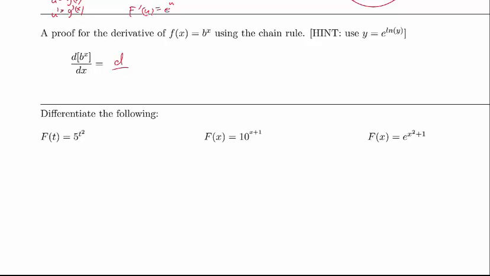So this is going to be the derivative with respect to x of e raised to the natural log of b raised to the x. Okay, so this is using our knowledge that a logarithm and an exponent are inverses of each other.